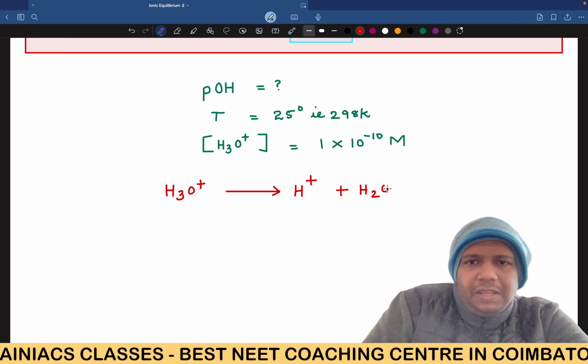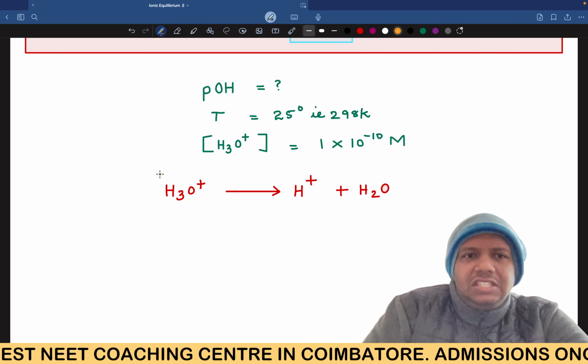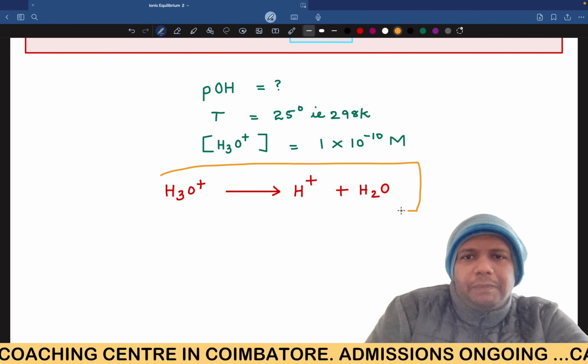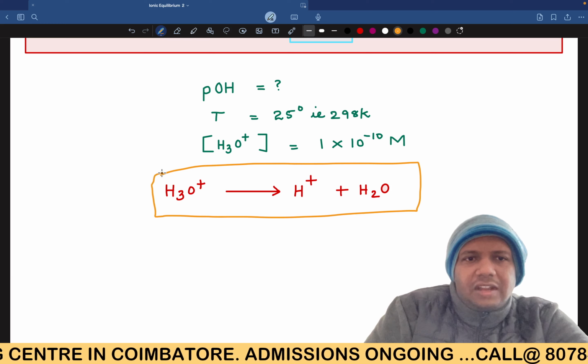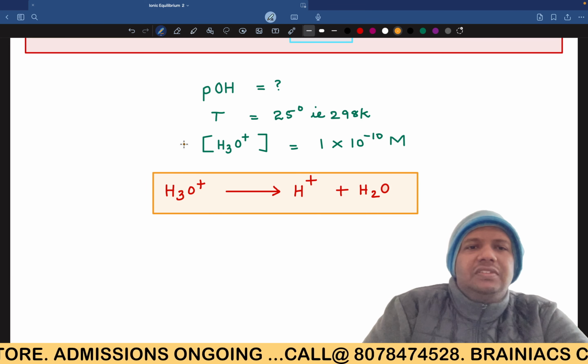So what does this mean? Suppose 1 into 10 power minus 10 molar hydronium ions are available. What does this statement mean?